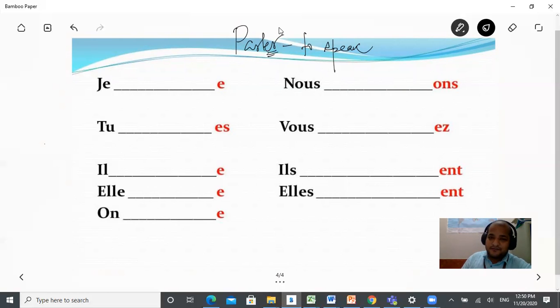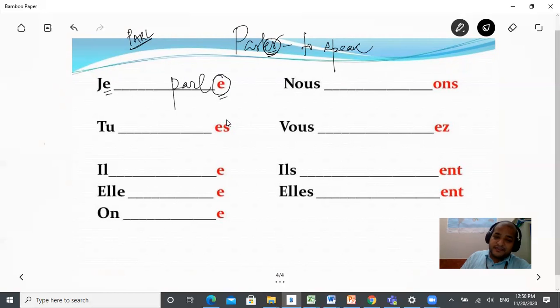For this, we will remove er of this verb. The remaining thing we have now is P-A-R-L. This is parl. We will put this parl here. The ending for je is e. Remember that the ending for je will be e always in present tense.